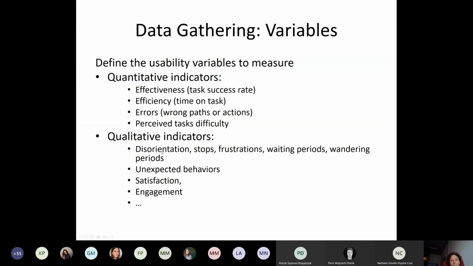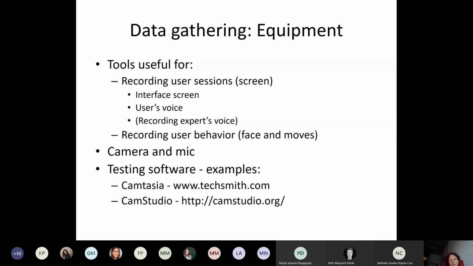The equipment that you want to use is important. You must decide how to collect data in terms of equipment. For example, if you want to make a test, as in the previous case, you can take the user and sit side by side with the user, which is of course impossible these days. Or then you need some kind of equipment.